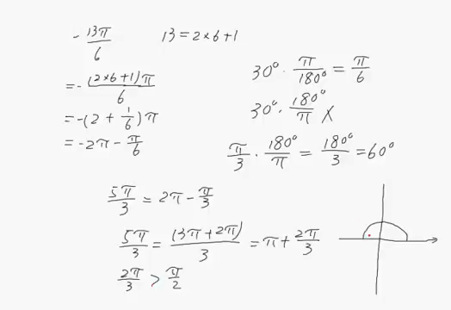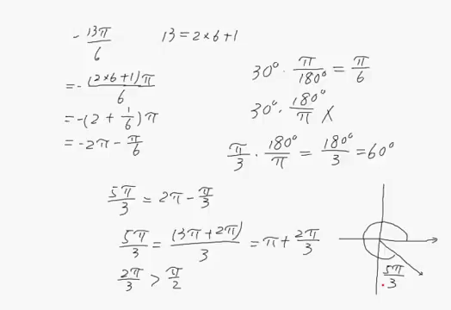So that means this angle is in quadrant 4, right? So finally, you should arrive here. And this part is 2 pi over 3. And together, this is 5 pi over 3.